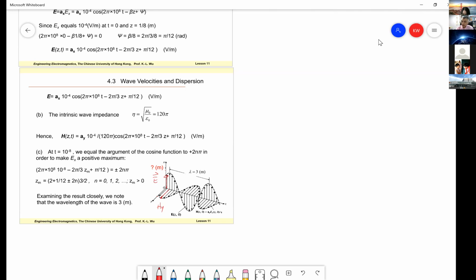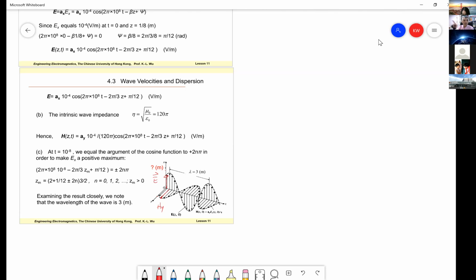But one thing you can say is, if we say the electrical field is polarized in the x direction, it doesn't mean it is always pointing upward or downward, because it changes with time. The magnetic field also changes with time.